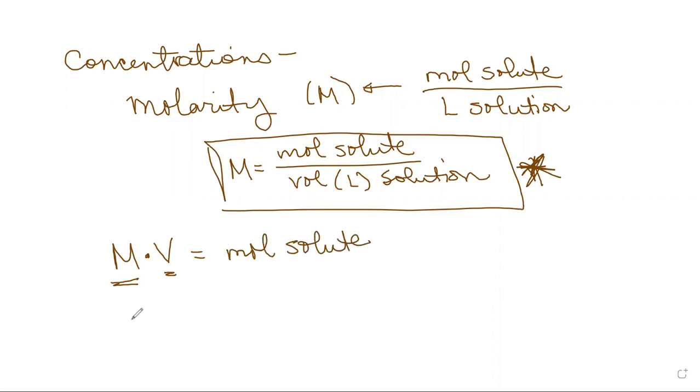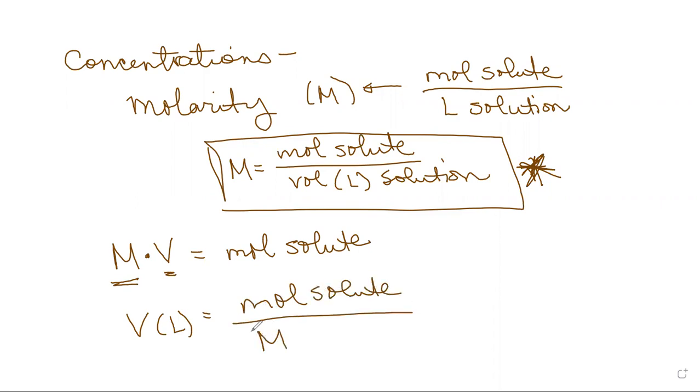You can get the volume of your solution needed to give you a certain number of moles of solute if we know the moles that we want and the concentration of the solution. So these two equations are just rewriting this one, but be very facile in your ability to use any of these three versions. So let's do a couple of examples.